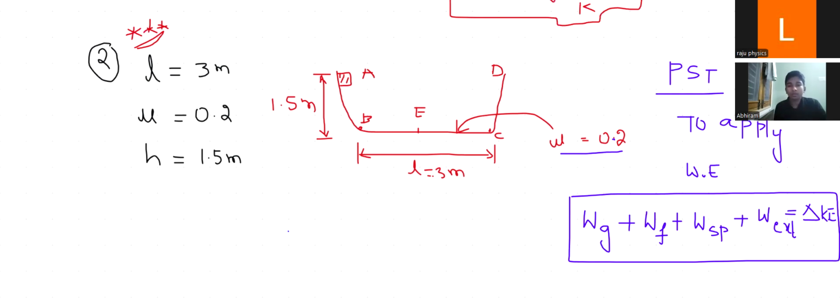Okay. So by using this technique, in this given problem, how many types of forces are experienced? Due to those forces, how many types of work are done in this problem?